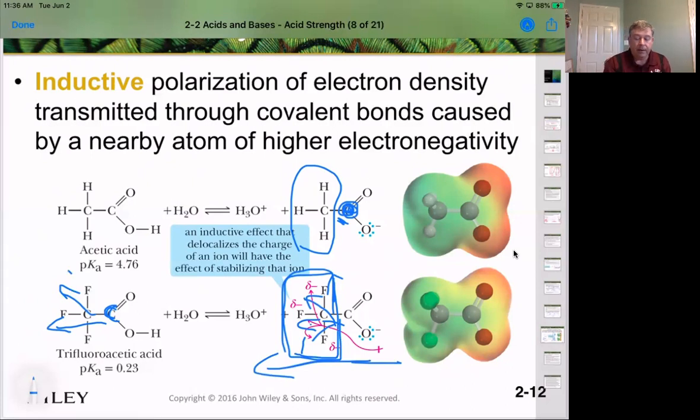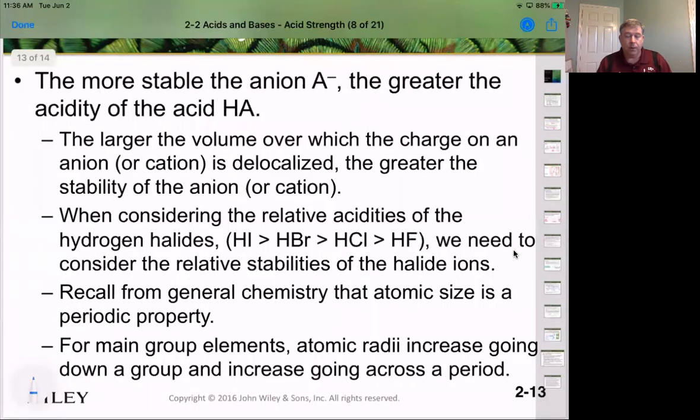If we look at the pKa value, we have a pKa value of 4.78. Remember, the closer we get to 0, the more acidic it is. The pKa of the trifluoroacetic acid is almost 0, 0.23. So just having those 3 fluorines on there has dropped the pKa, or increased the acidity, through induction.